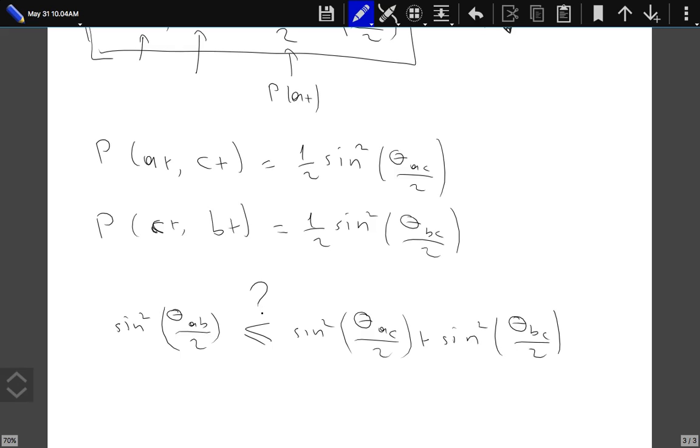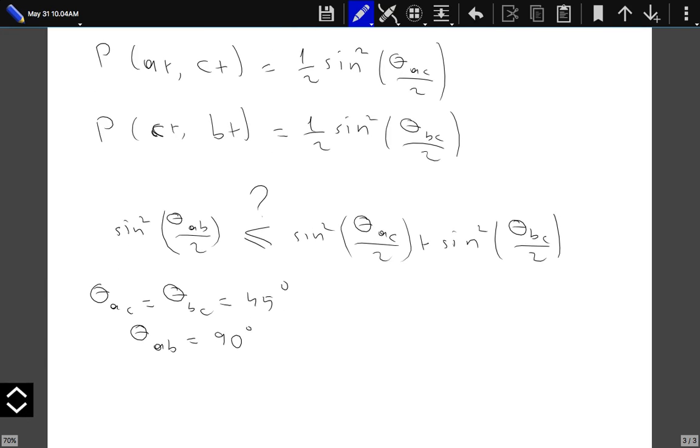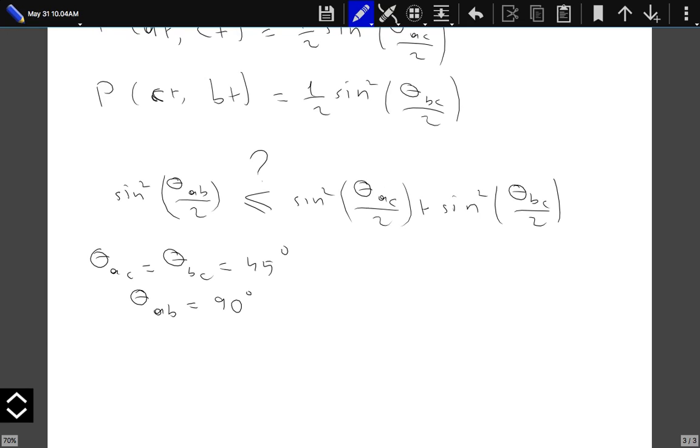Now let me put a question mark. If I just use these probabilities that I calculated using quantum mechanics into the Bell's inequality, I can choose theta AC and theta BC to be 45 degrees, and theta AB will be just 90 degrees. Now, what is sine of 45?